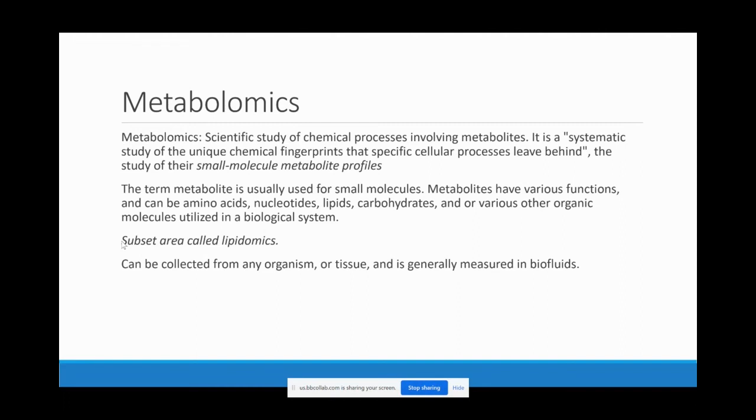So we're usually interested in the small molecules that are circulating a system. So things like, again, blood, urine, serum, cerebral spinal fluid, that's the fluid that circulates your brain. Any of these biofluids could be used to study metabolomics.